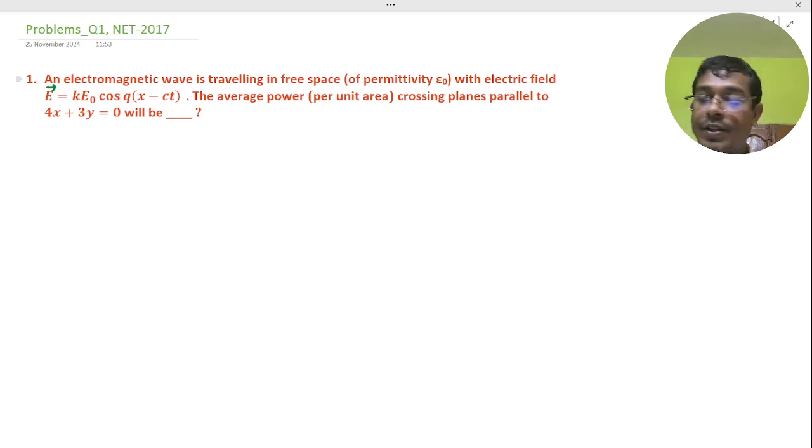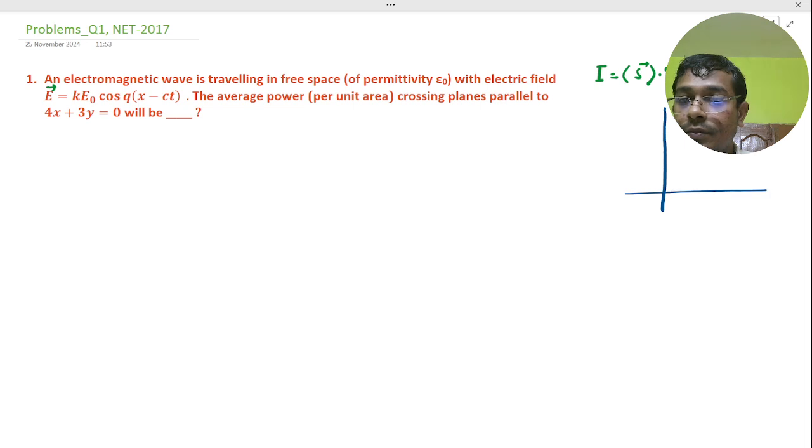Basically the intensity. We write the equation: the average of the Poynting vector in the direction. So we have basically a line. This is our origin.